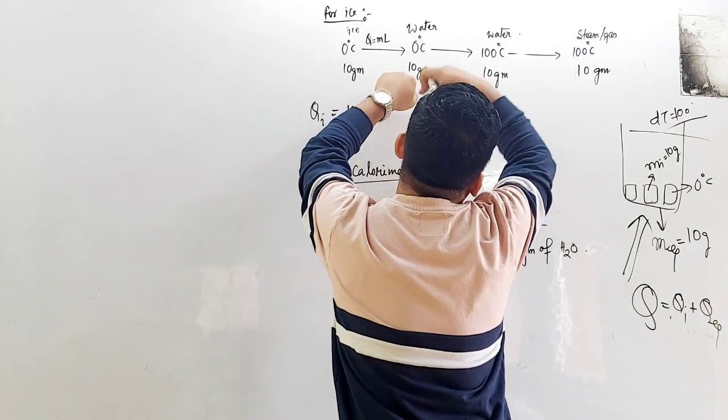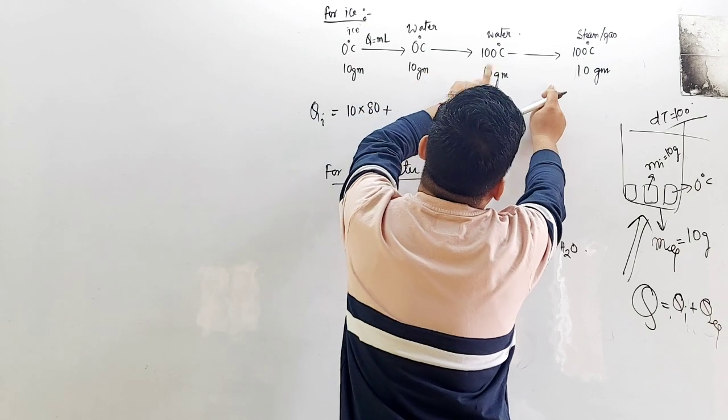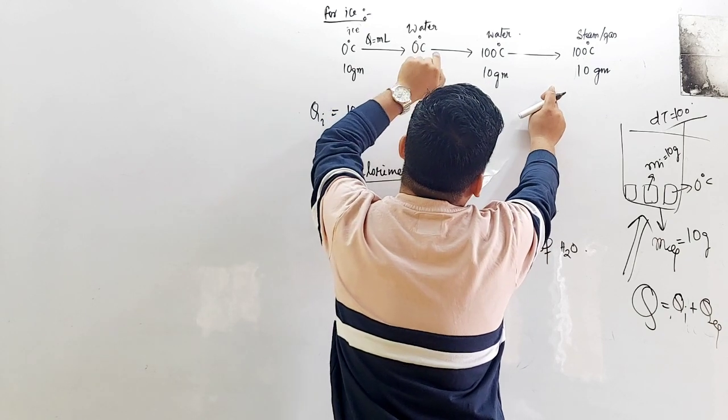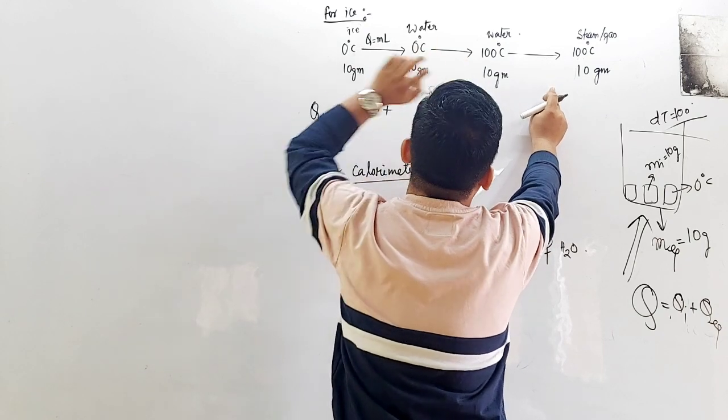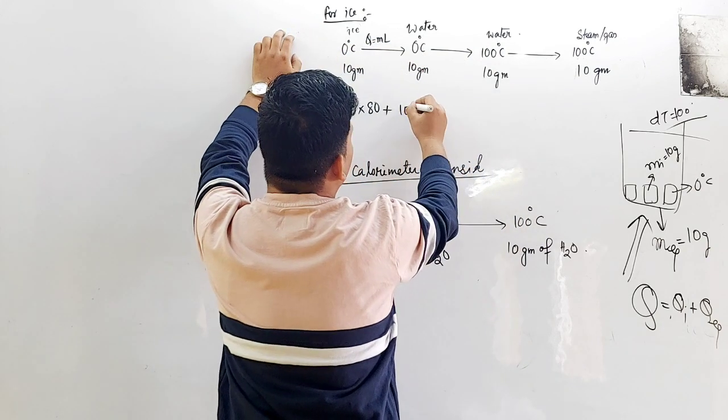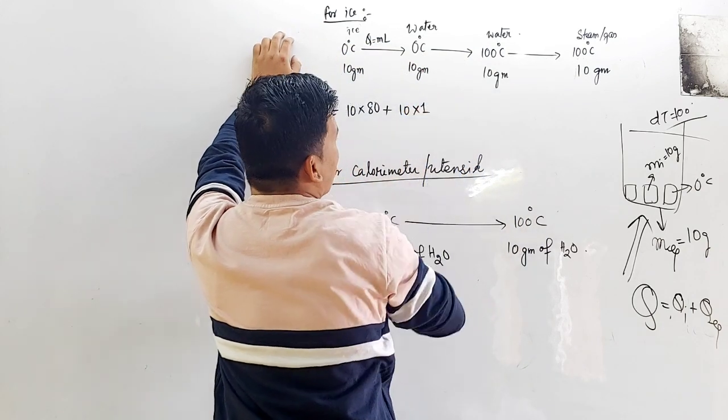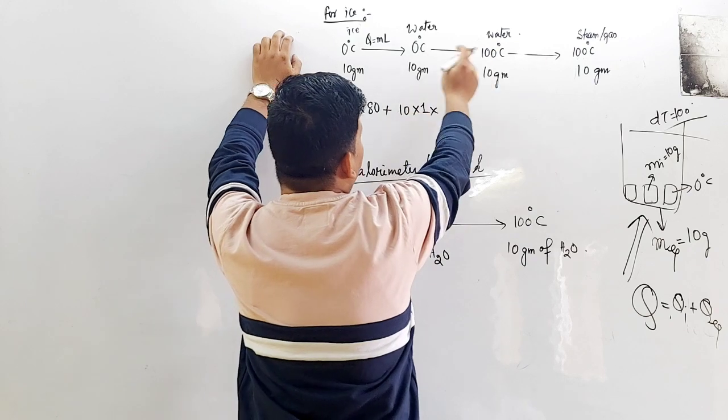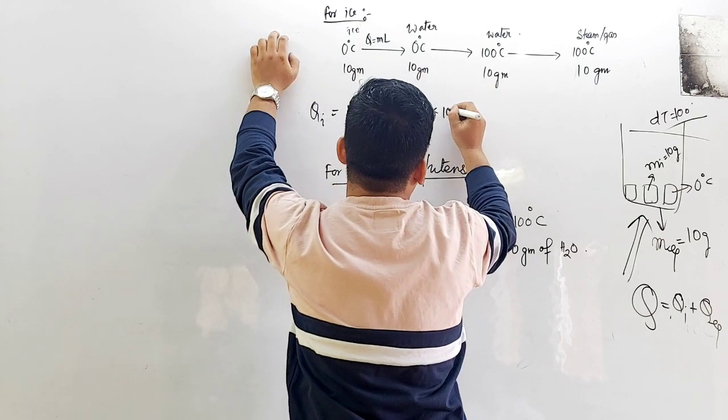Then 10 gram of water is increased from 0 degree to 100 degree. The change is 10 into the specific heat of water, 1, into the change in temperature, 100.